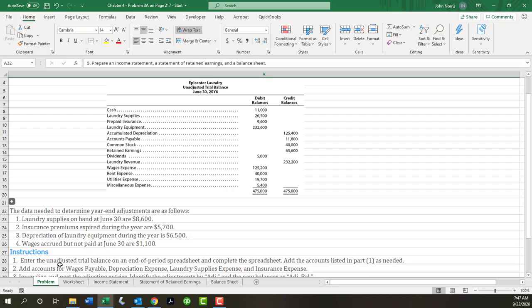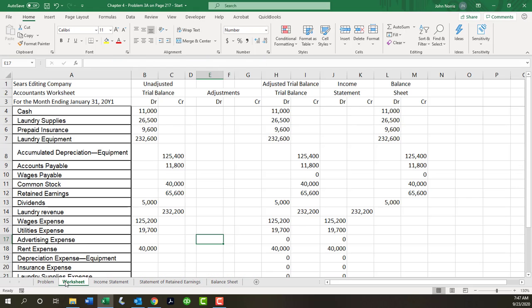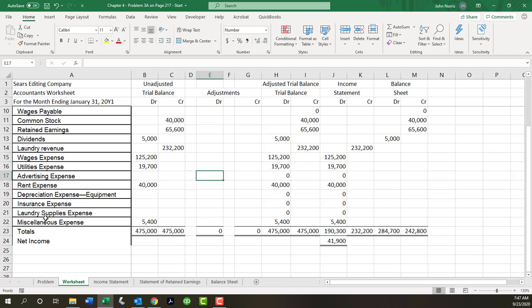So we're to enter the unadjusted trial balance on an end of period spreadsheet, and then we're going to need to add accounts for wages payable, depreciation expense, laundry supplies expense, and insurance expense. And I've done all of that here on the worksheet tab.